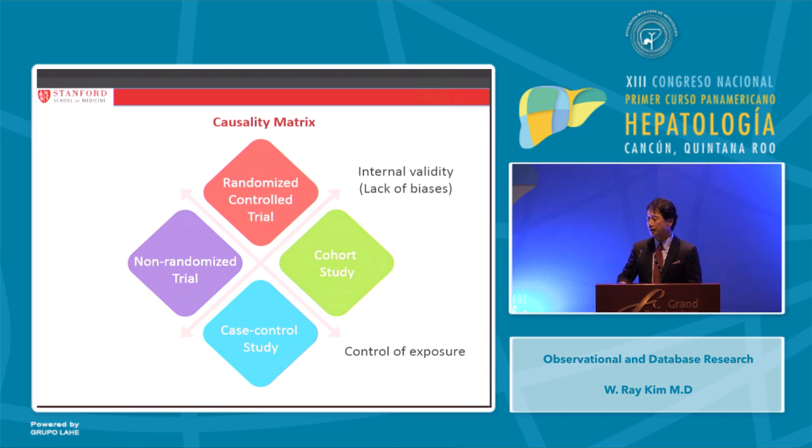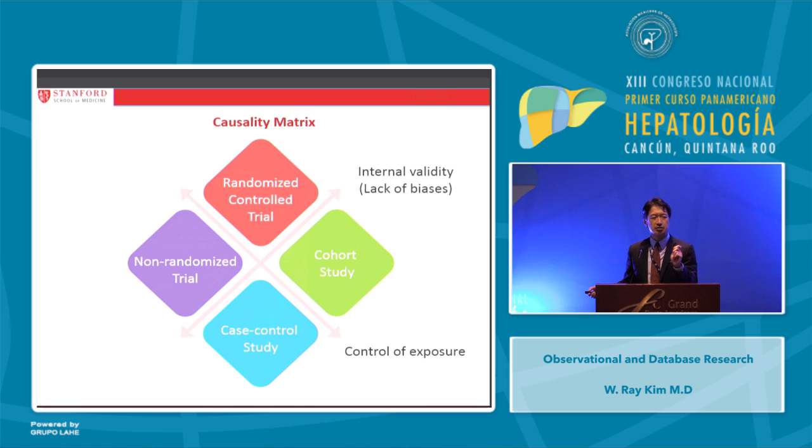So on this slide, you can see that internal validity is the term that we use. Is what you say the truth? Are you lying, or are you making a mistake of stating something, or are you really finding the truth? So that validity scale is better for controlled trials or a cohort study that I'm going to talk about. But in order for that to occur, you need to have some control of exposure.